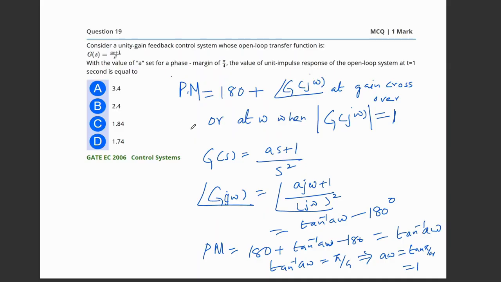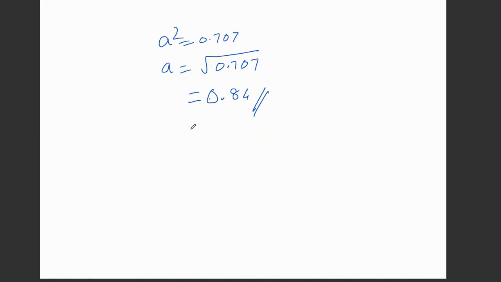So we are asked to find out what is the unit impulse response of the open loop system at t equal to 1. So G of s is (as + 1) by s square. So this is actually a by s plus 1 by s square. So unit impulse is del of t.